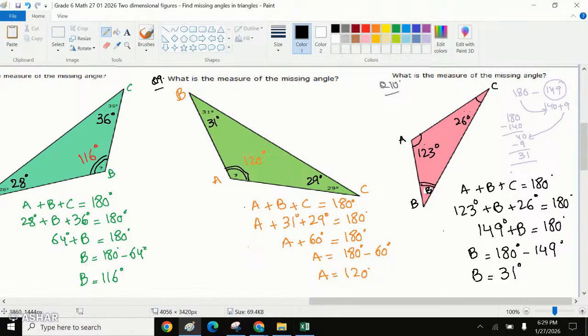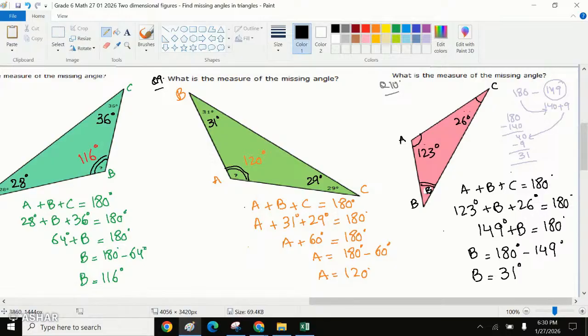It cannot be 32. 123 plus 26 is 149, and 180 minus 149 would be 31. Ashik, how can it be 32?